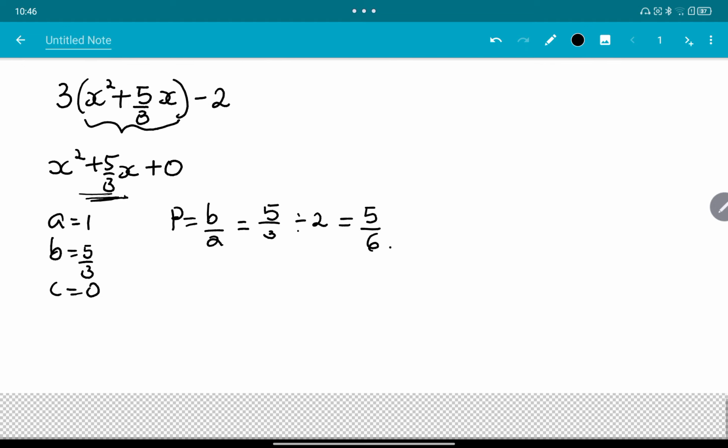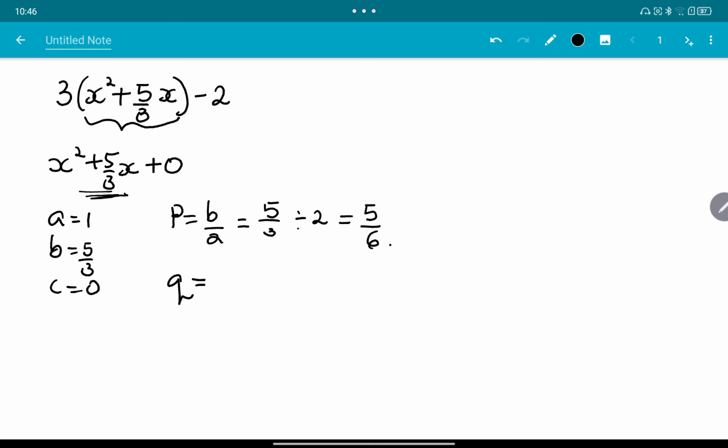Okay? Then I move to the next one, which is q. To get q, it is c minus p squared. What is my c? 0 minus, what is my p? 5 over 6 squared. And this is negative 25 over 36.